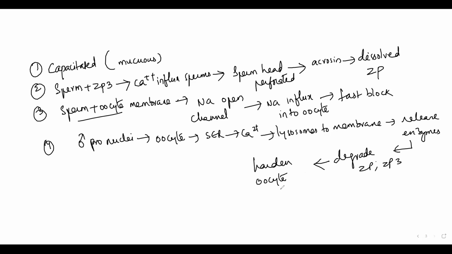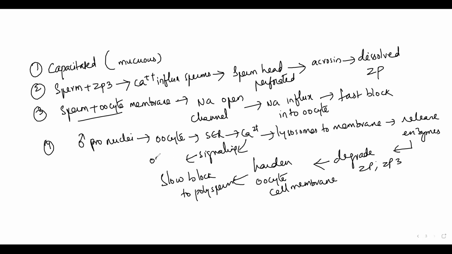Okay, they harden the oocyte cell membrane, which we were calling as what? We were calling this as a slow, what is that? Slow block to polyspermy.